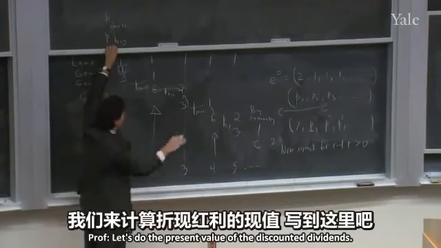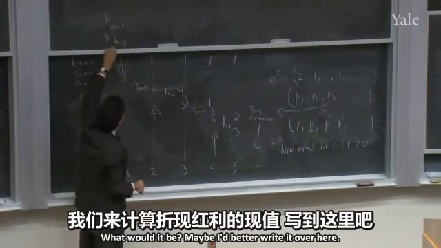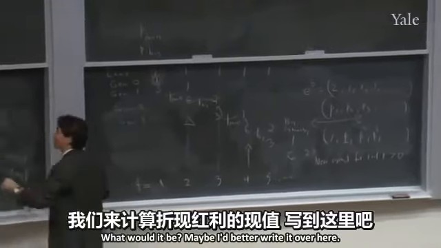So what's the price of land? Let's do the present value of the discounted dividends. What would it be? Maybe I better write it over here.